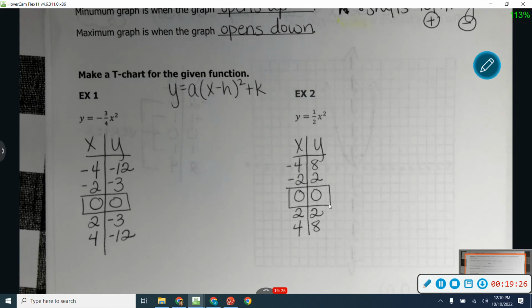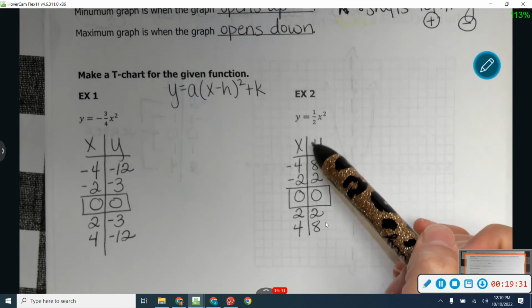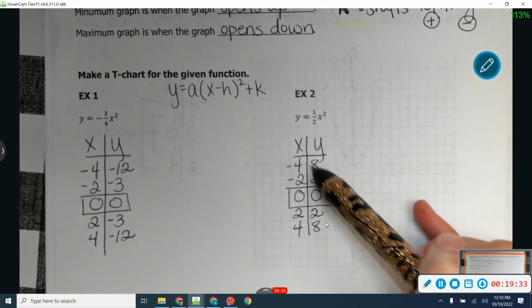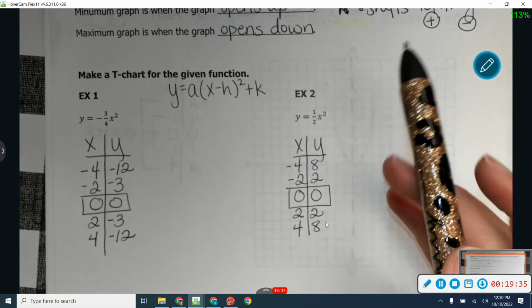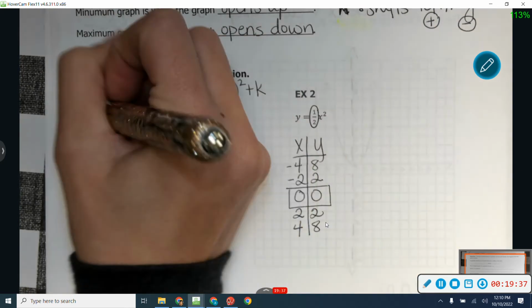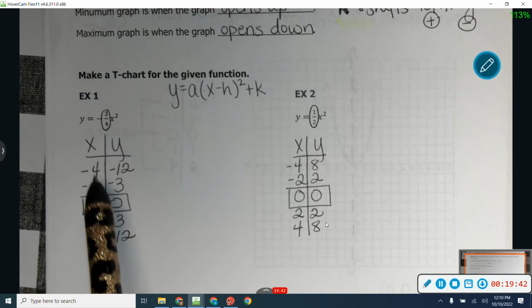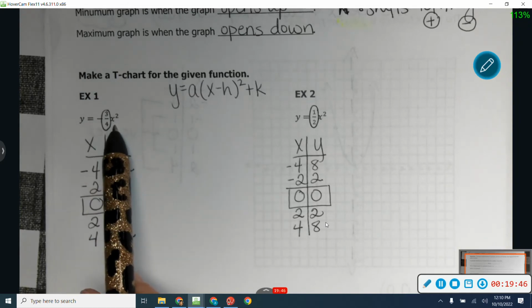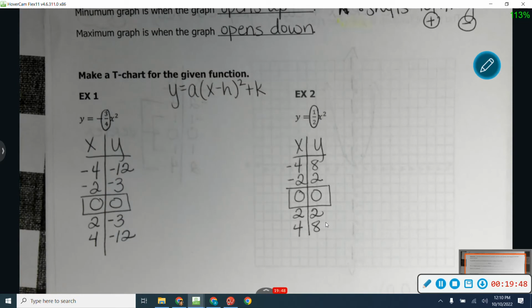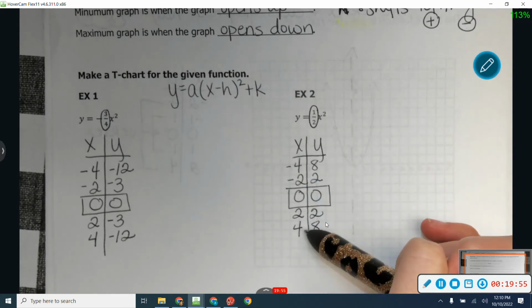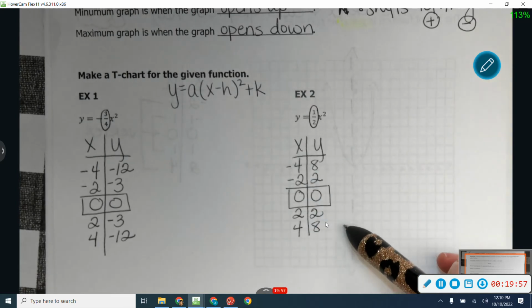Make sure those y values, again, repeat around that vertex. Next lesson, we're going to have to do it without the graphing calculator and build the table on our own. So make sure you understand that when you have a fraction for your a, you're really going in multiples of that denominator. Now, we didn't have to do jumping by 4 here because it's an x squared. So jumping by 2's is going to end up giving you jumping by 4's, because when you square 2, it gives you a 4. So just be careful when you're building that without the graphing calculator. Okay?